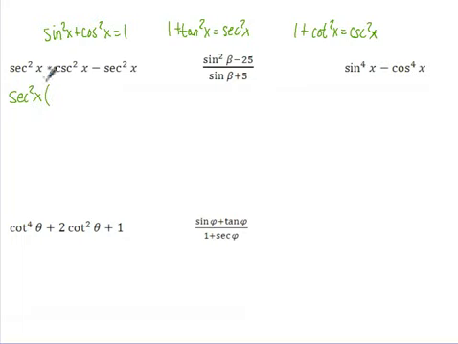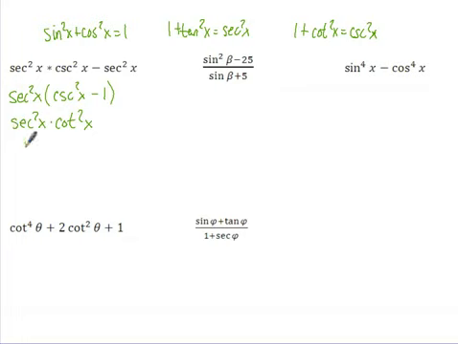If I take a secant squared x out of the first term, I'm left with just a cosecant squared x. And if I take a secant squared x out of a secant squared x, I'm left with just a 1. Right. And now let's look to our Pythagorean identities. Cosecant squared x minus 1, if I bring this 1 over, so we subtract 1, that's the same thing as cotangent squared x. So I can rewrite this as secant squared x times cotangent squared x.